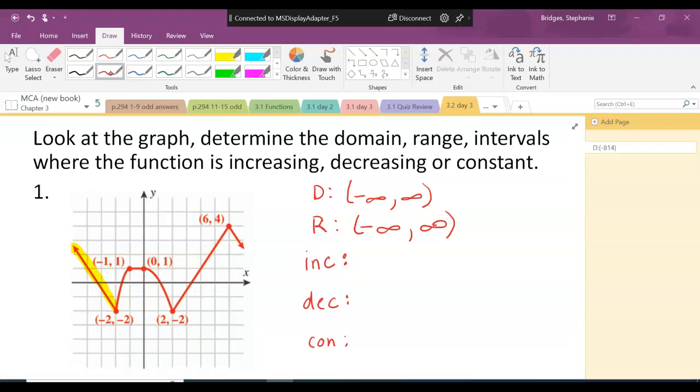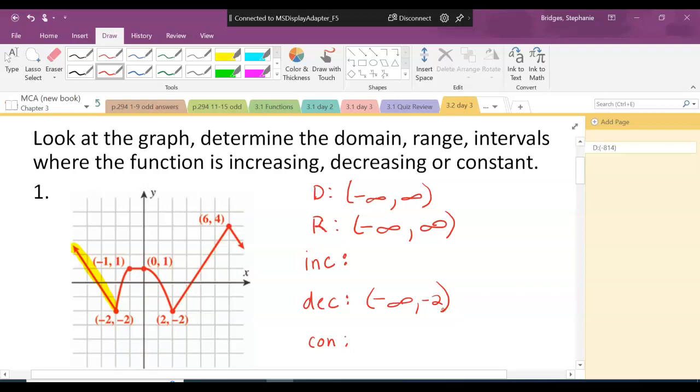If it is forever going that way, it's going to be decreasing from what number? Negative infinity. And then it decreases until I hit this X value. What is the X value right here? Negative 2. And then I'm going to put a parenthesis there.